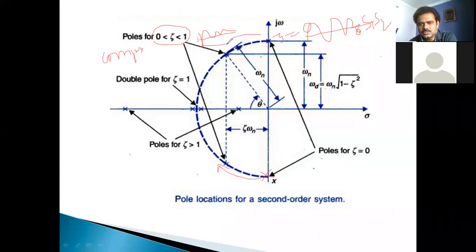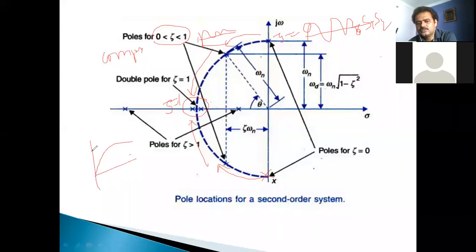As zeta reaches unit value, the roots become purely real and equal roots, at the intersection point.